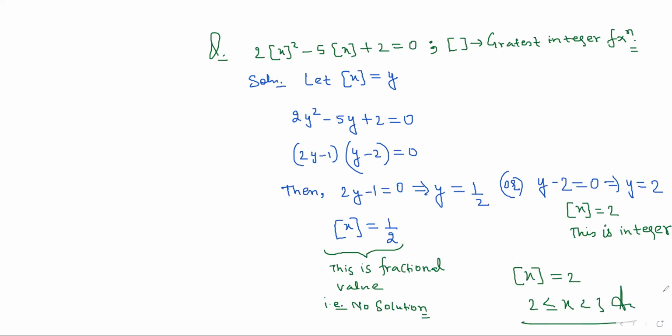This is your answer. यार भाई तू कुछ तो करो यार, बोलते बोलते हो नहीं, समझ में आ रहा है ना तुमको? Yes, sir. So your answer will be x should lie between 2 to 3.